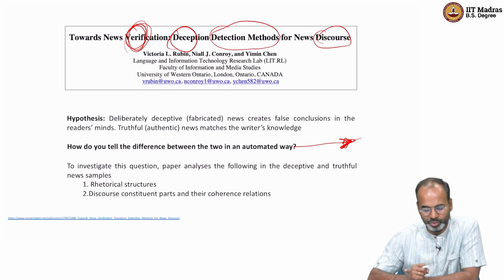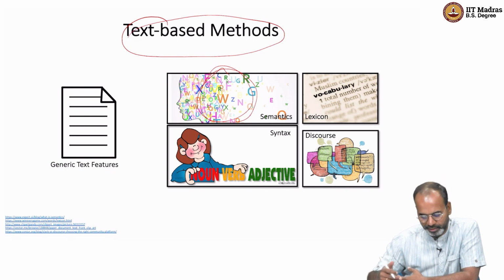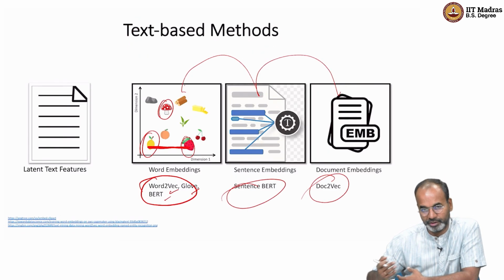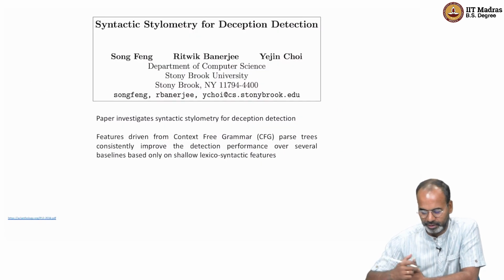So they use rhetorical structures in discourse, constituent parts, and their coherence relations. I'll tell you what these are, but the goal is that they're using the content, the text, because we are looking at text-based methods. Later in this part itself, we will look at methods beyond text.